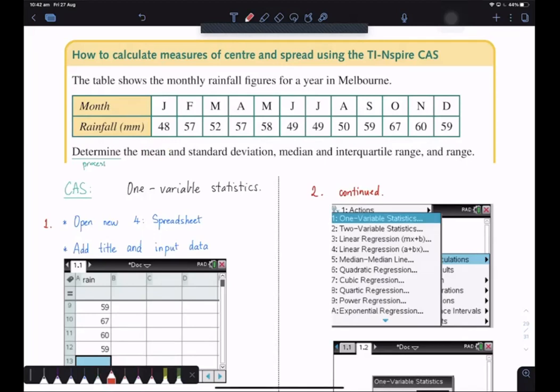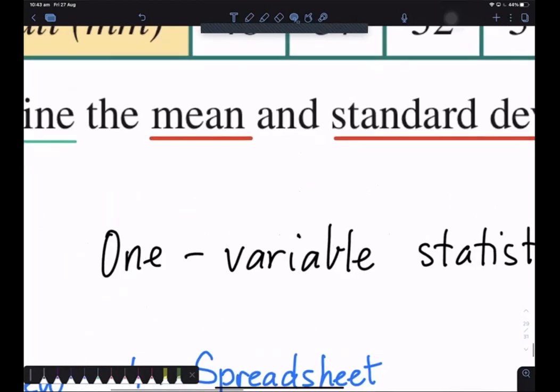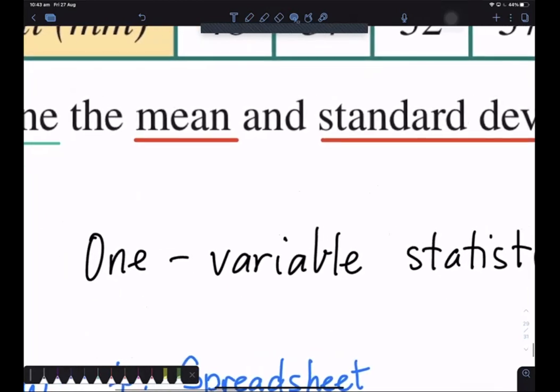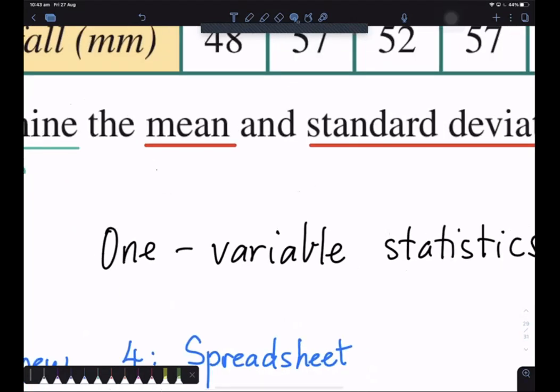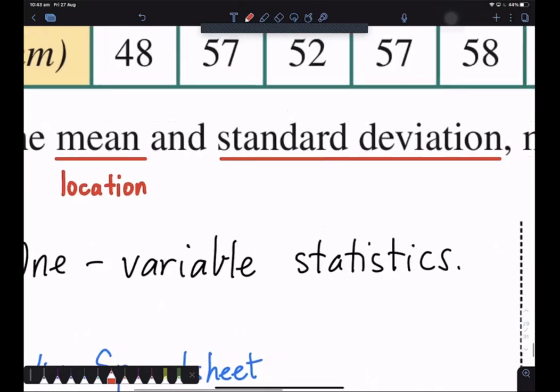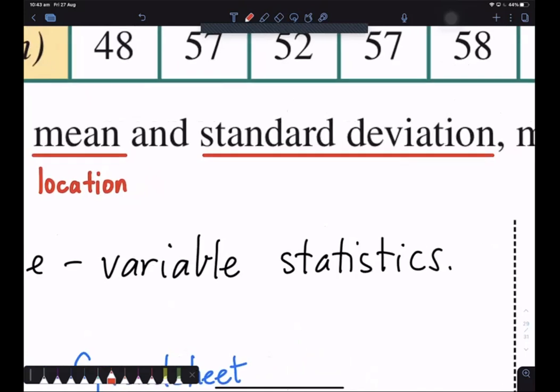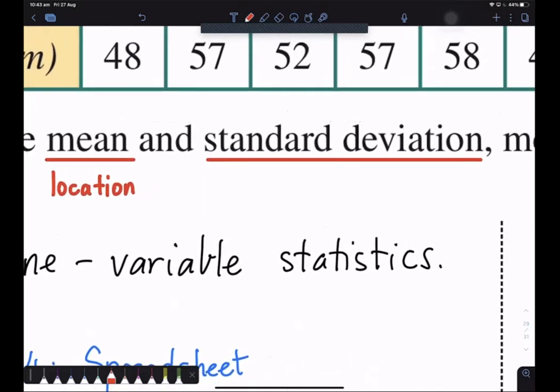Our participants. We've got a fair few here. Mean, standard deviation. What is the idea of mean, Arafat? Is that a location, or are we talking about spread here when they're asking about the mean? Location. Location, excellent. And Maddie, what are they asking about when they are talking about standard deviation? Are they talking about the spread or are they talking about the location?